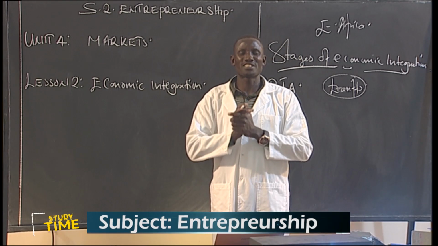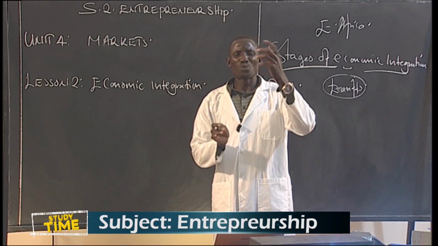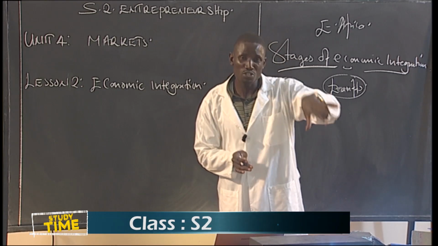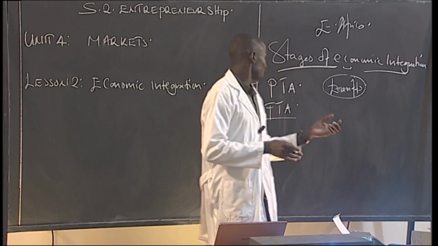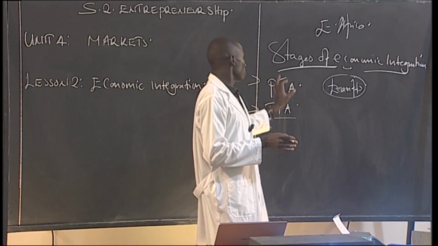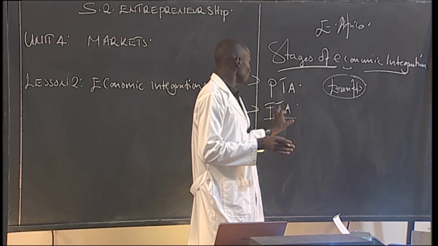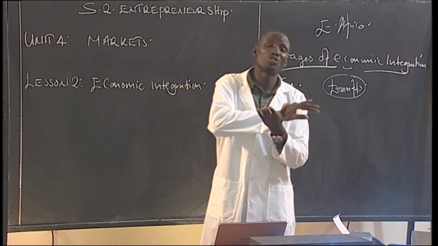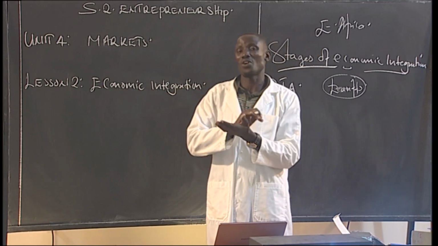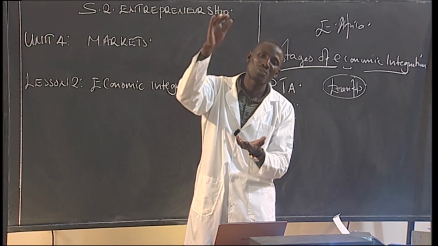For example, in East Africa, for goods coming from our member countries within the East African region, there is either PTA or free trade area. You find some commodities don't pay what? Taxes. Or other commodities, they reduce on what?